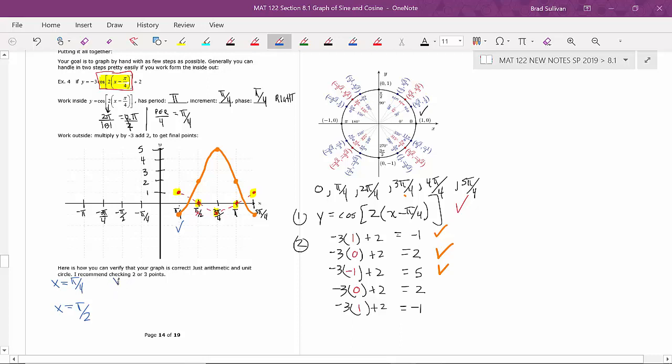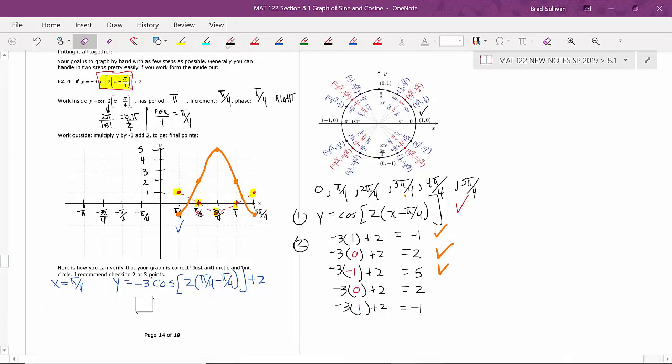So we would have y equals -3 times the cosine of 2 times pi over 4 minus pi over 4, plus 2. Let's check out the details of that point and see if that gives the right thing.